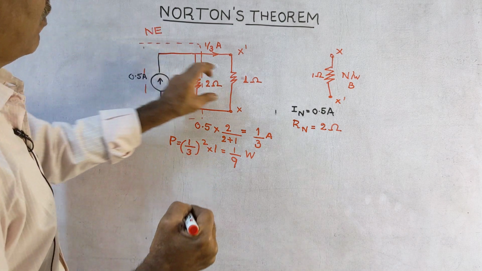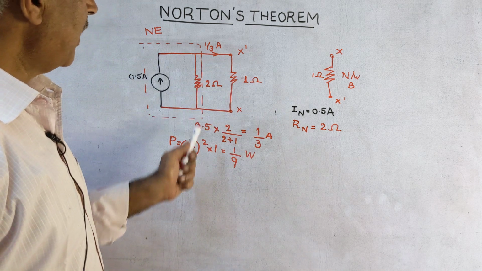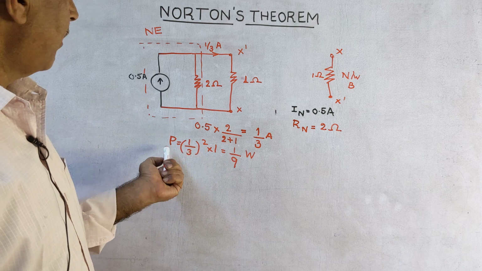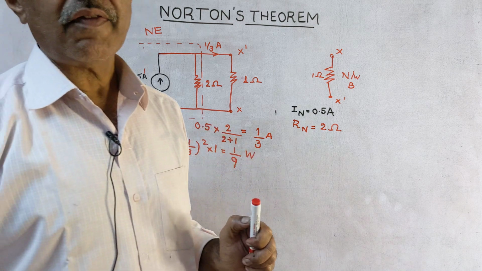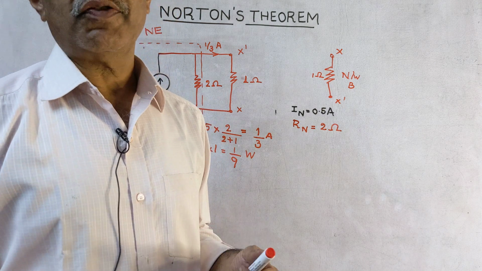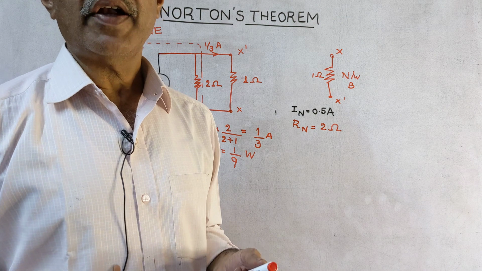To this Norton equivalent, we have to connect network A, and the remaining procedure is self-explanatory, and power is equal to 1 by 9 watts. So this is how we have to work out the problem, and the knowledge of Norton theorem is very essential when the network is going to have a dependent source.